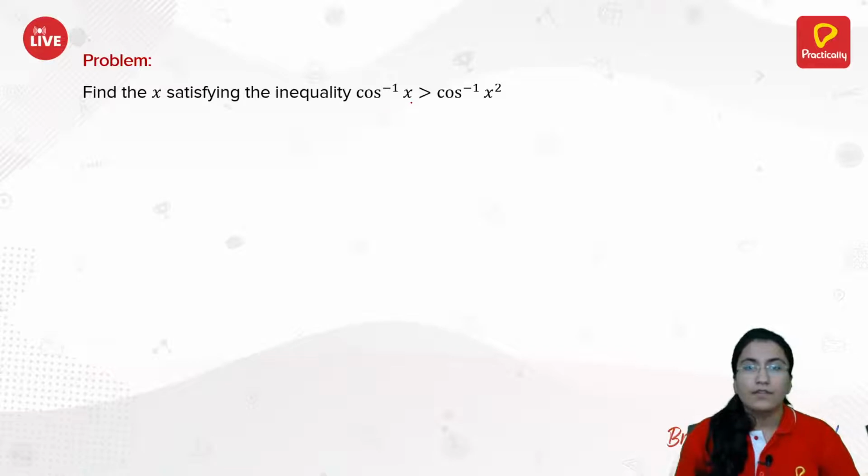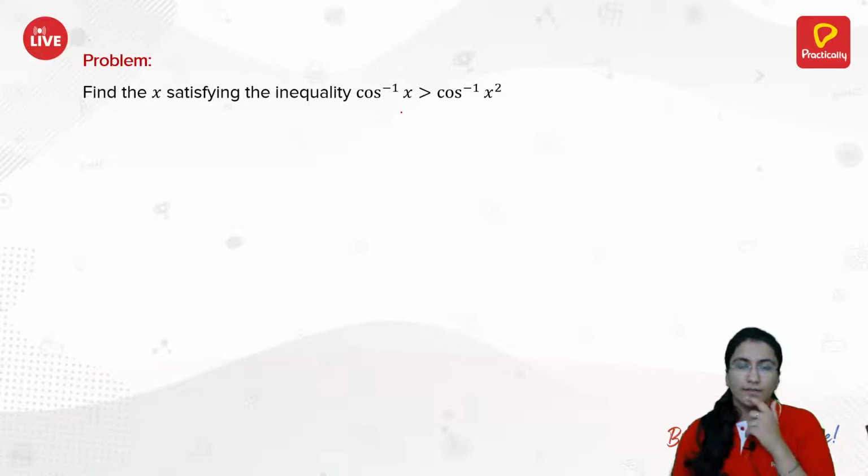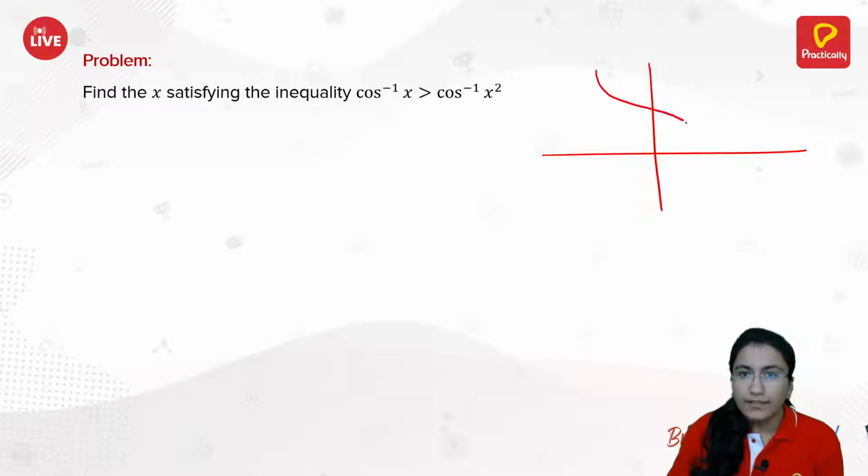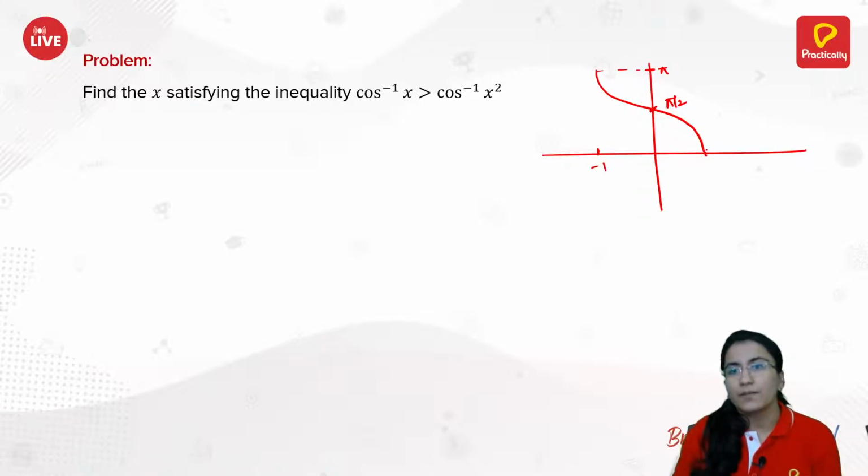We have cos inverse x is greater than cos inverse x square. If you remember the graph of cos inverse, I have already drawn this for you. It is somewhat like this. This is pi by 2, this value over here is pi, and this value is minus 1 or 1.